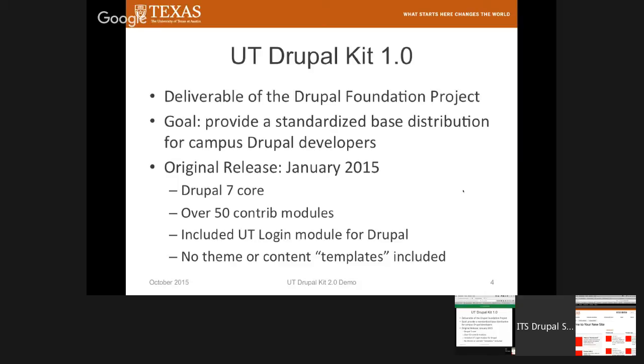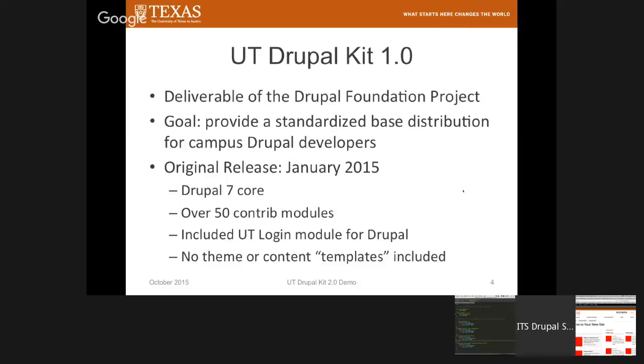If we look back at UT Drupal Kit 1.0 version, that was something that we produced as part of the Drupal Foundation project earlier in 2015, and the goal of the Drupal Kit as an idea, as a service, was to provide a standardized base distribution for campus Drupal developers. Like I said, it was originally released in January of this year.